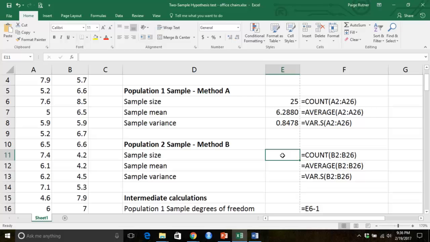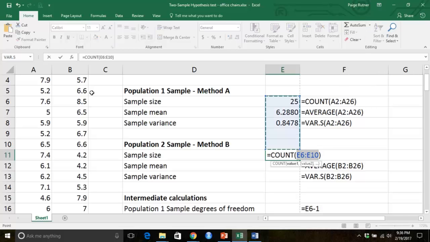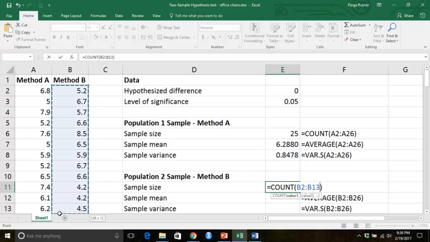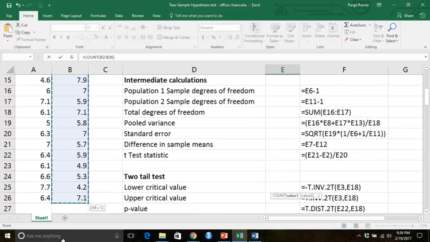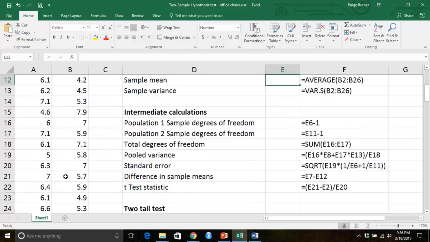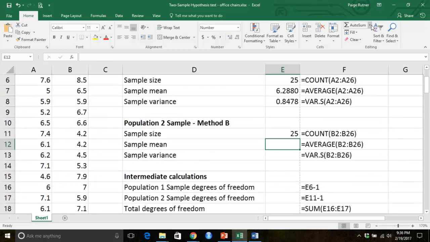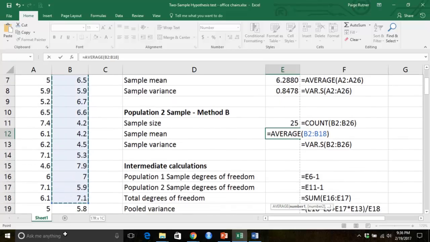Go through the same process for sample B. My count function will count how many numbers are in the range of cells. My average function will give me the mean of those numbers.